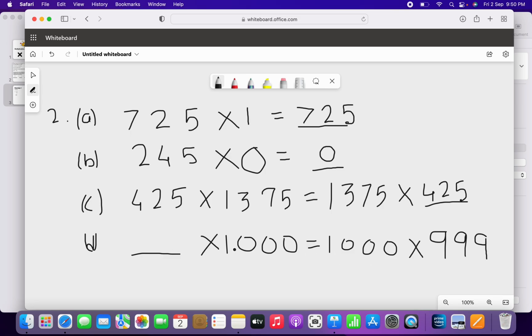So 1000, 1000, multiplication, multiplication. The missing number should be what? Yes, it's 999. Do we have more of this? Let's see. No, we are done with this.